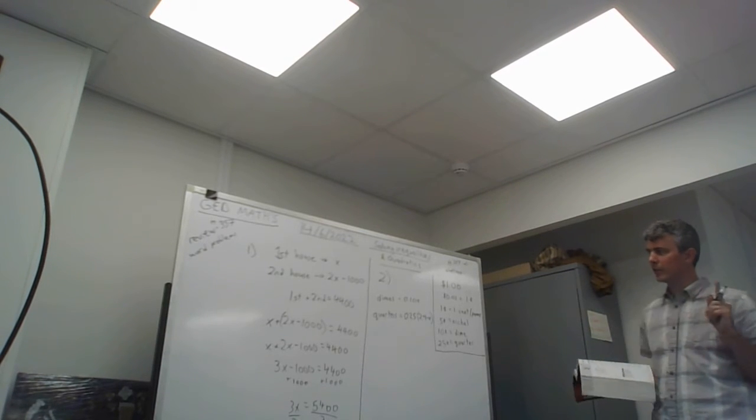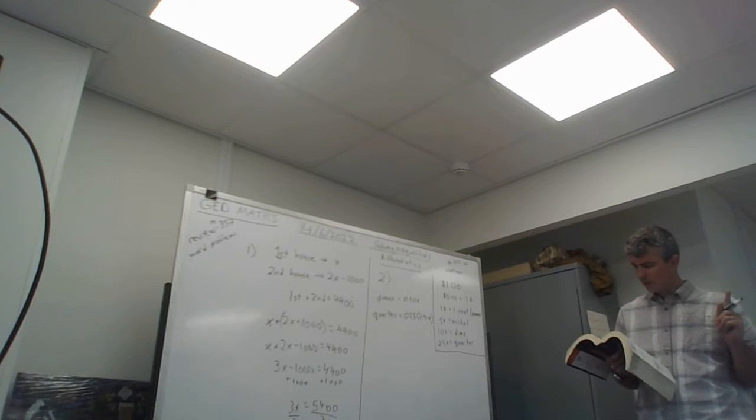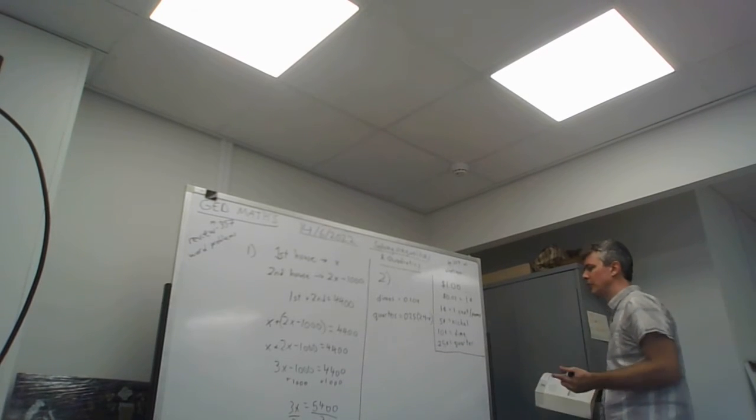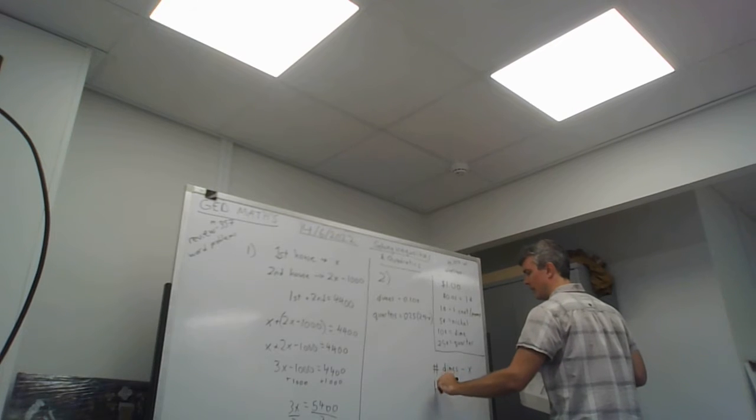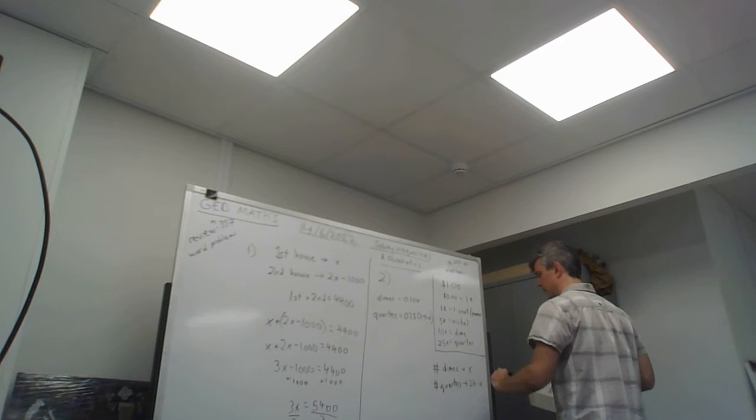So this is a nice hint that they've given you. If they hadn't given you the hint, then what you'd want to do is you could say number of dimes is x, and number of quarters is 24 minus x, right?